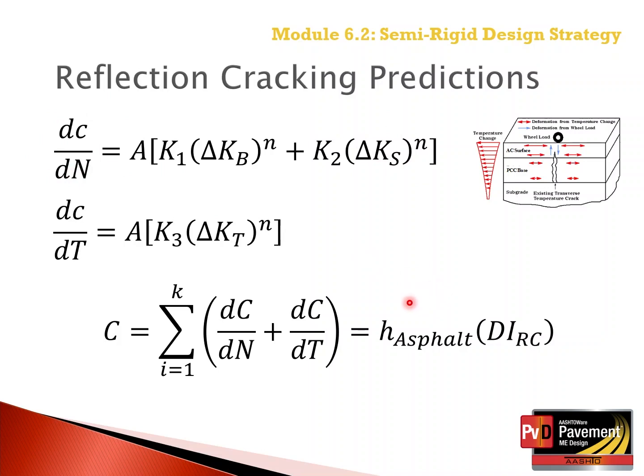But also remember that the increase in cracks is a function of combining the crack growth from the incremental increase in traffic versus the crack growth incremental in thermal cycles.